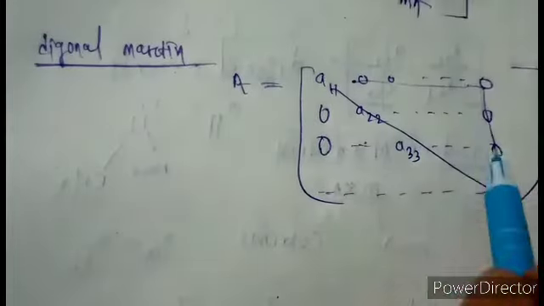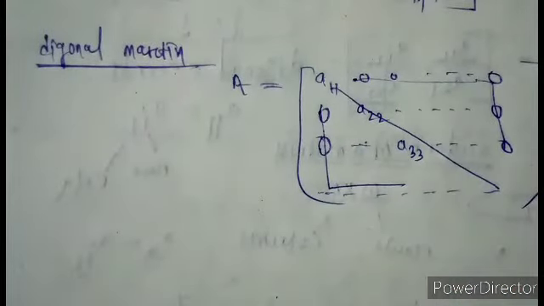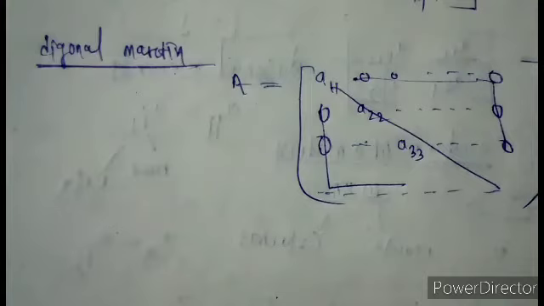All the diagonal elements are non-zero, but all the upper and lower diagonal elements are 0. So what is called a diagonal matrix? All the diagonal elements are non-zero and others are zero.